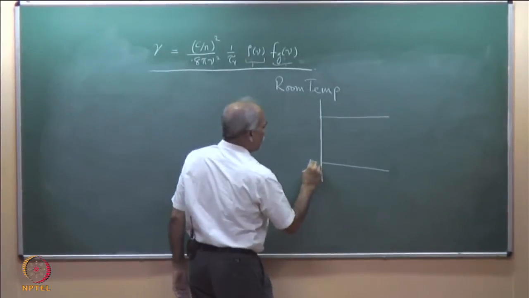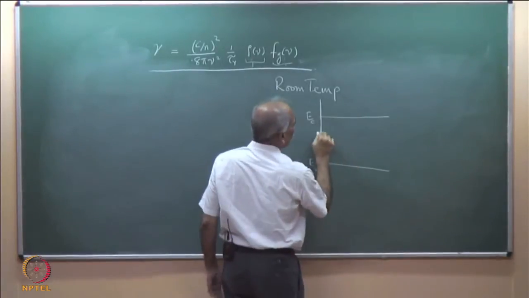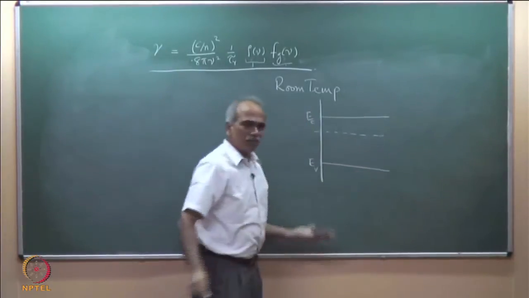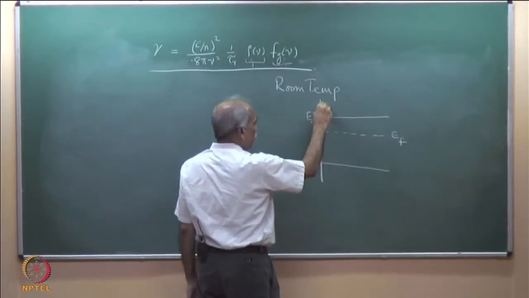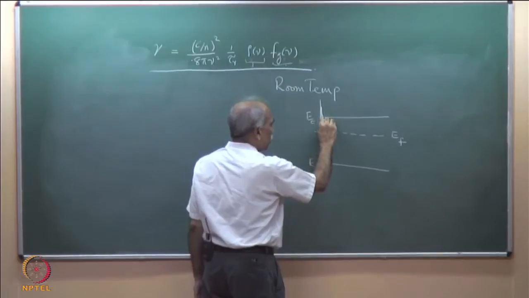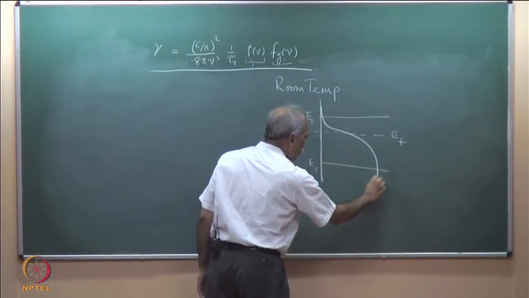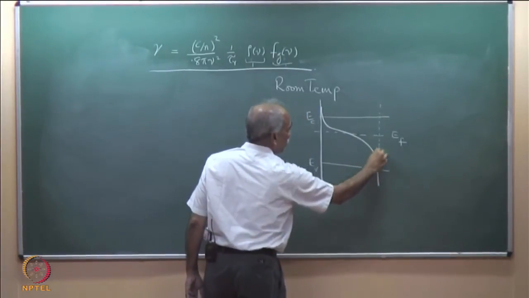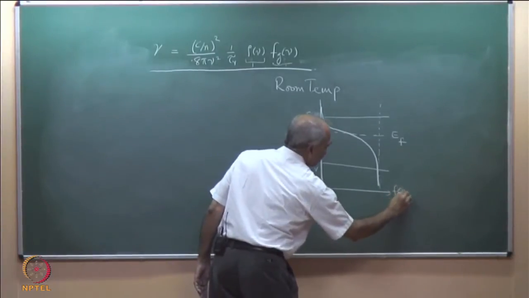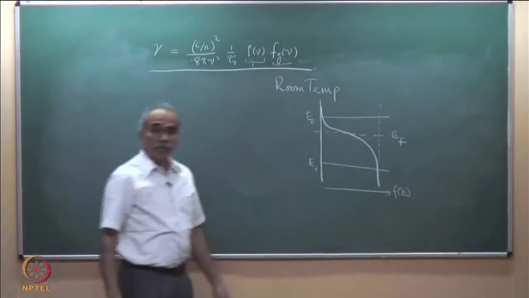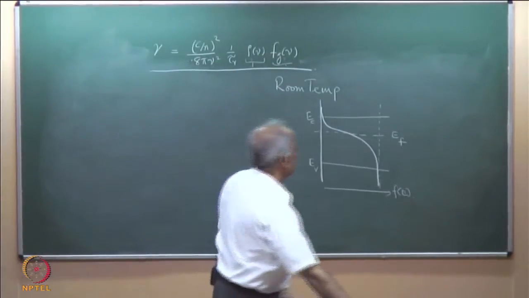So this is EV, this is EC, and the EF is somewhere wherever you want, a normal semiconductor, so EF is somewhere here, which means if you plot the Fermi distribution, what I have plotted on this axis is also f of E, thermal equilibrium, normal semiconductors, absorption spectrum I want to determine.